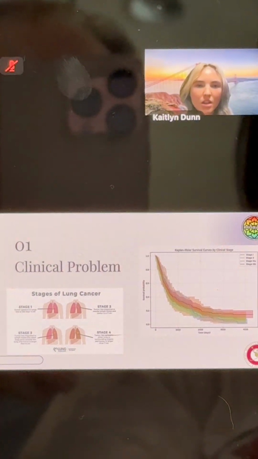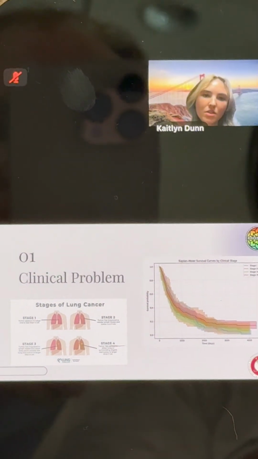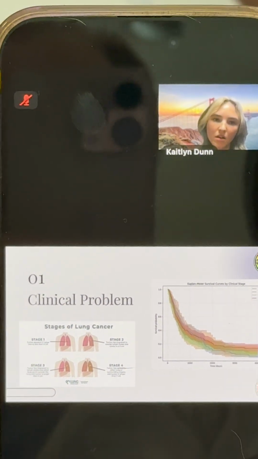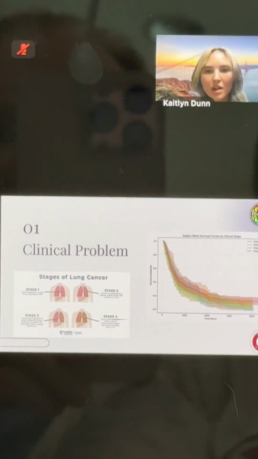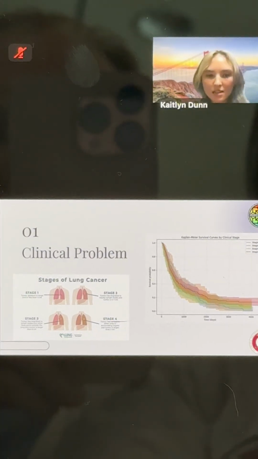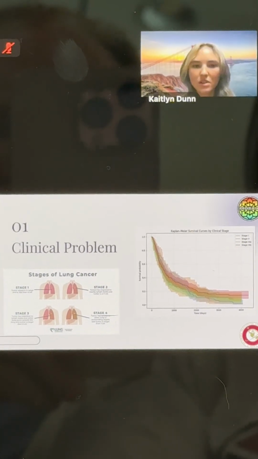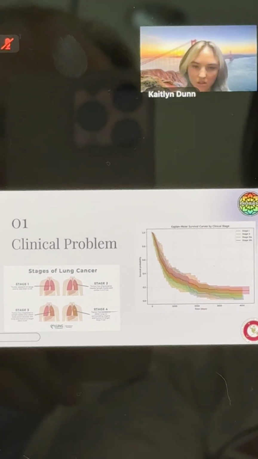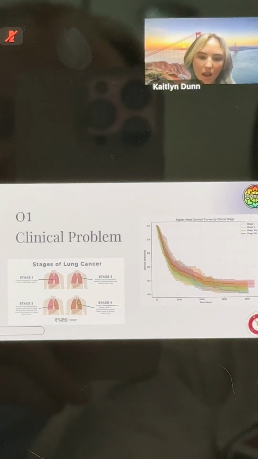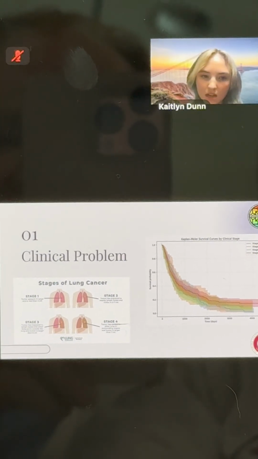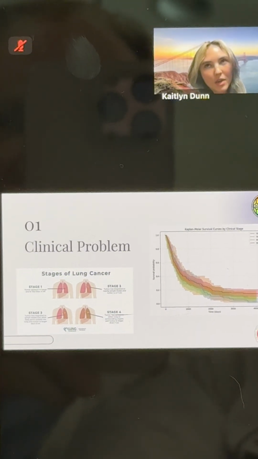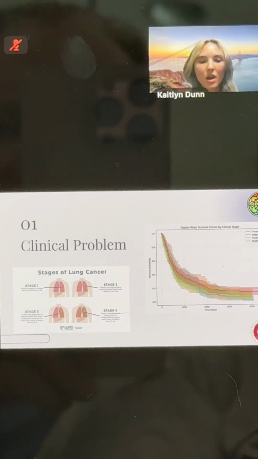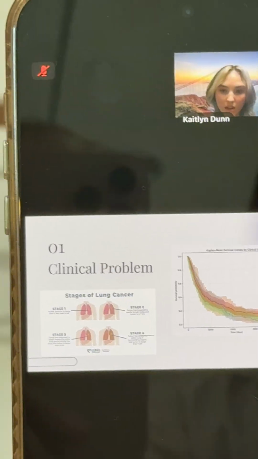Nodal staging goes along with the anatomical placement of that tumor, whether that tumor has gone into the lymphatic system, and that also is determined by how large the tumor itself is. And metastasis staging criteria can determine whether the tumor has taken over other organs.